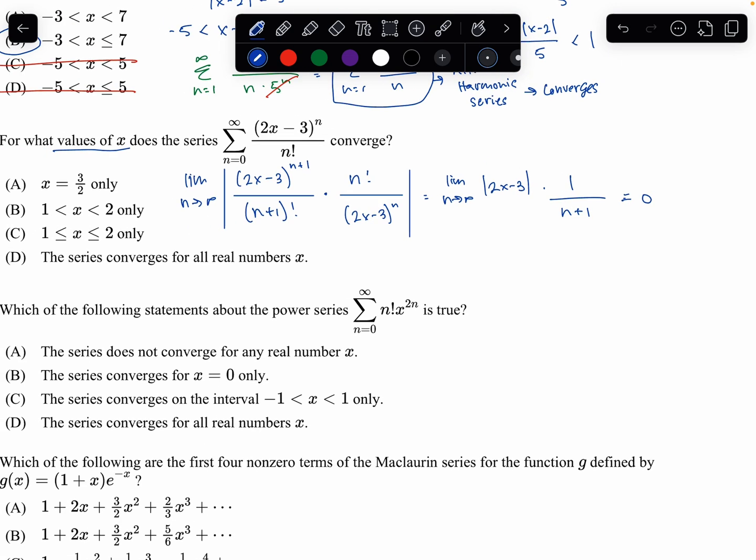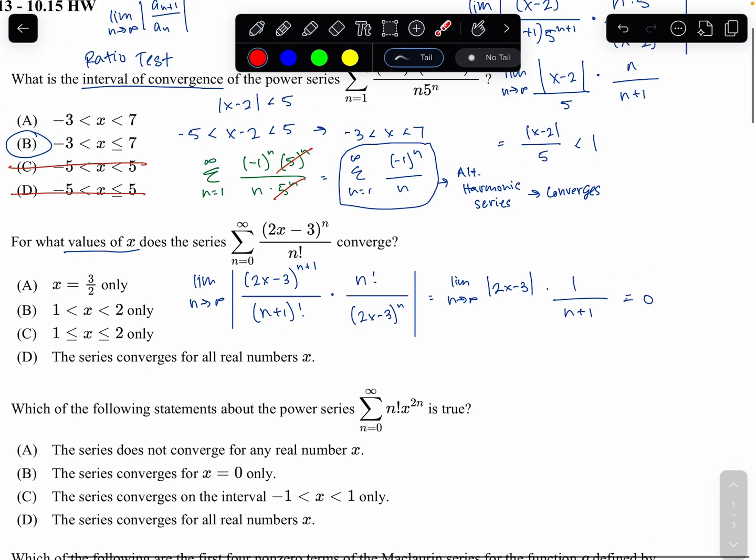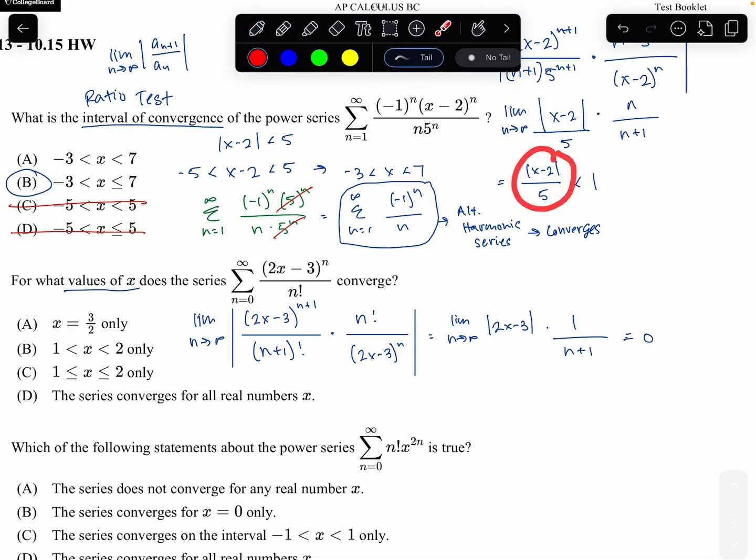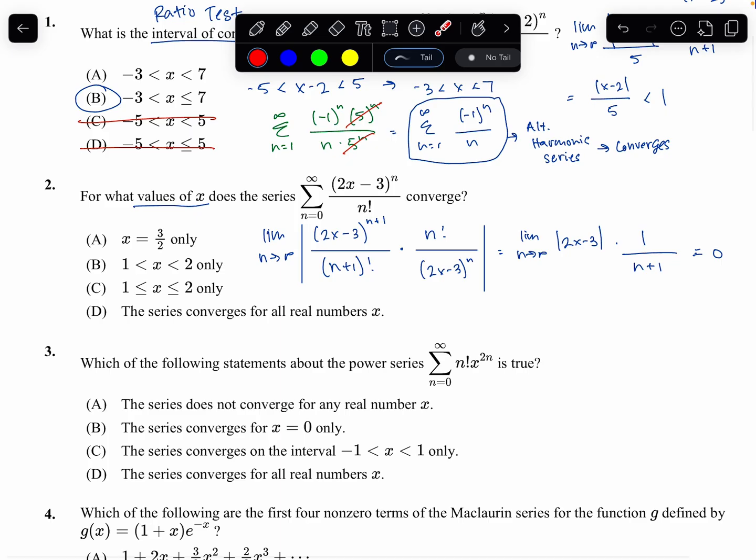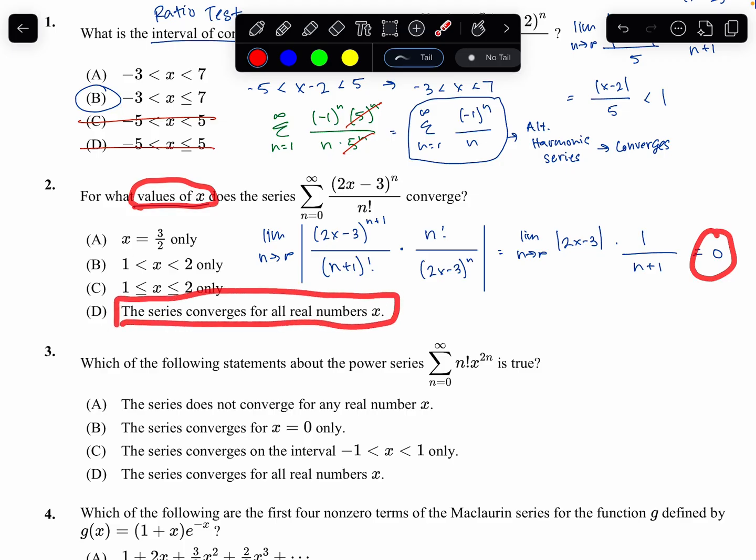And in this case right here, we actually had a ratio. Whenever the ratio is less than 1, the series will converge. What if the ratio is 0? Well, what that means is that the interval of convergence, so for what values of x, is that it converges for all real numbers x.